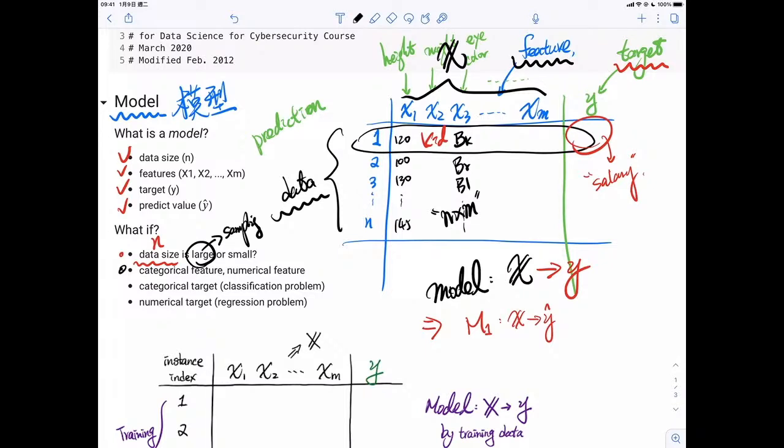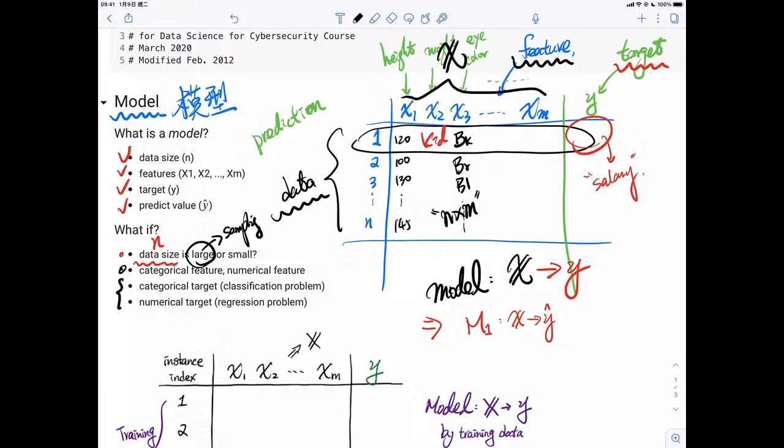Even more, black eye is not larger than blue eye or green eye because you cannot compare those categorical data. But you can compare two numbers: 130 is larger than 120. Have you noticed that? This is very important.